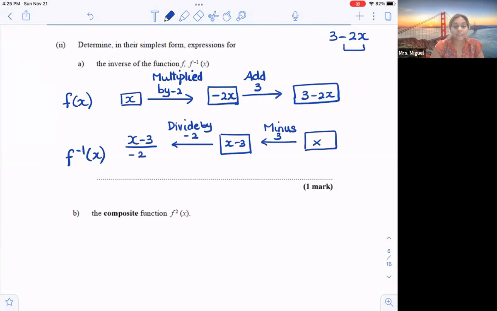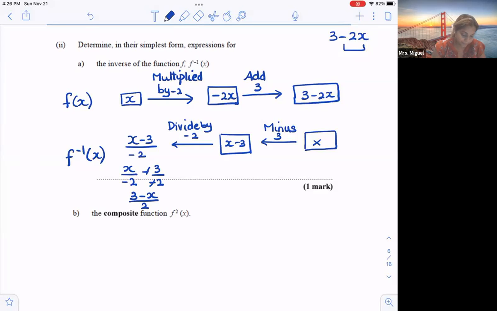So I'm going to divide each term by -2. So x over -2 minus 3 over -2. So this is going to cancel, and I will get 3 minus x over 2. So that is one way of working it out.